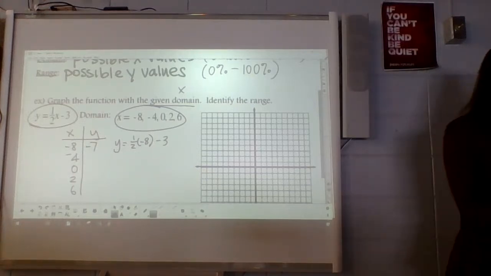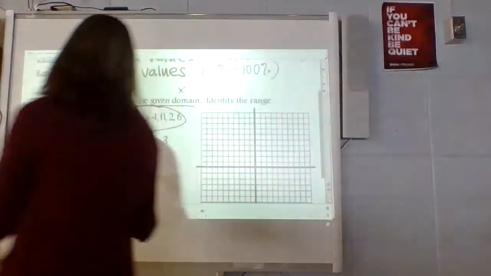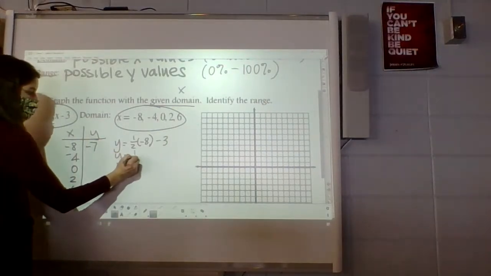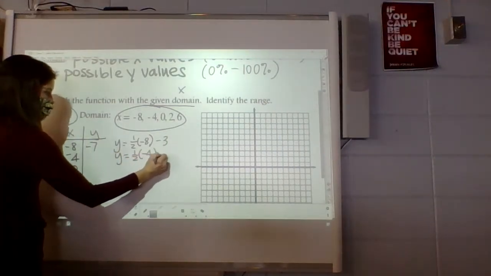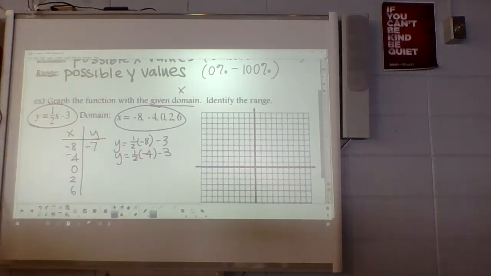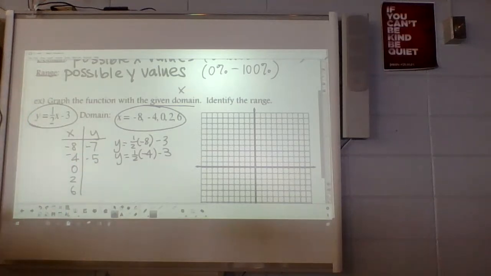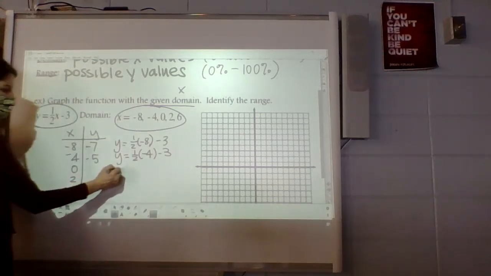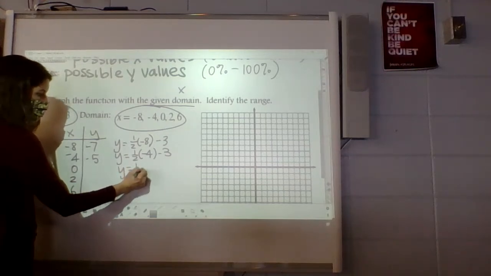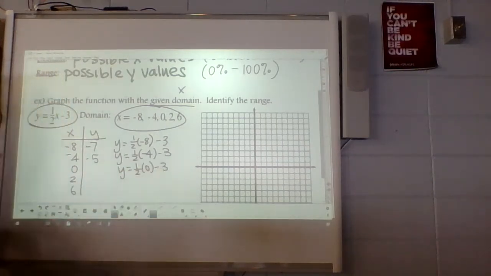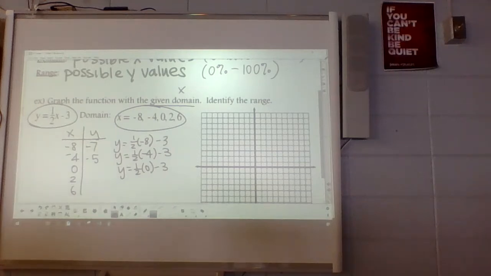And then we just have to keep replacing that. So half of -4 is -2, minus 3 is -5. Half of 0 is just 0, minus 3 is -3.